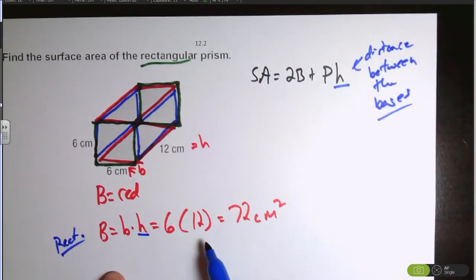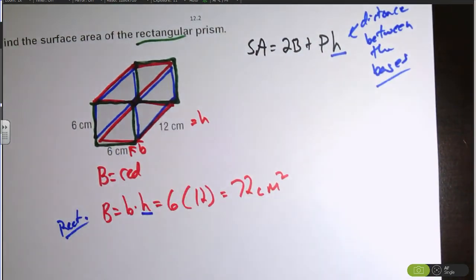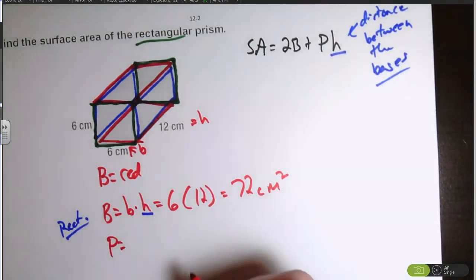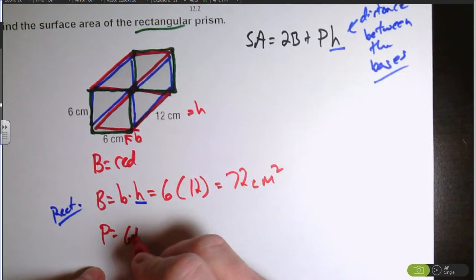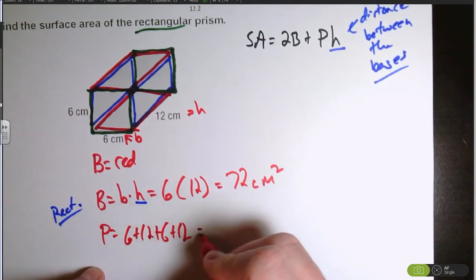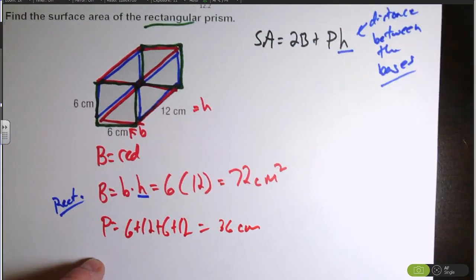Well, I've got the area of the base, okay, 72, that's the area of that rectangle here. Now what I need is the perimeter of the base. Well, the perimeter is going to be 6 plus 12 plus 6 plus 12. So 18 plus 18 is 36 centimeters.